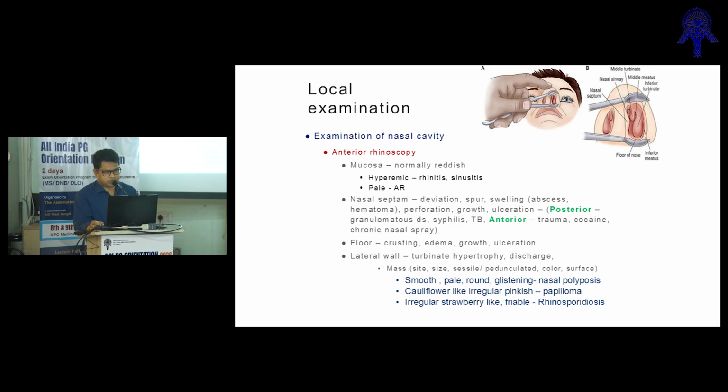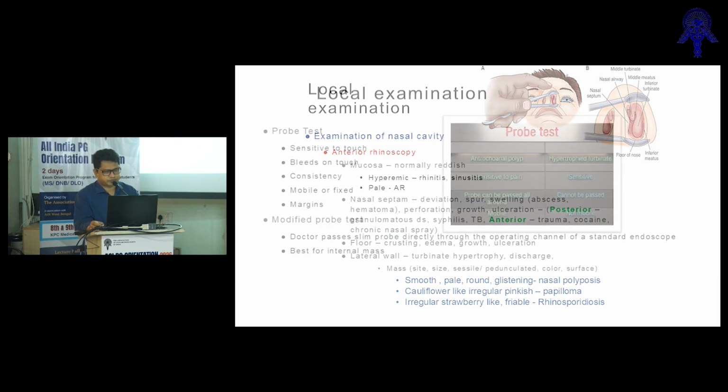Now, the first local examination is anterior rhinoscopy. In general, you should look at the mucosa of the nose, nasal septum, floor, and lateral wall. This is the protocol you should look for. In this case, as there is a mass, you cannot find all these things.